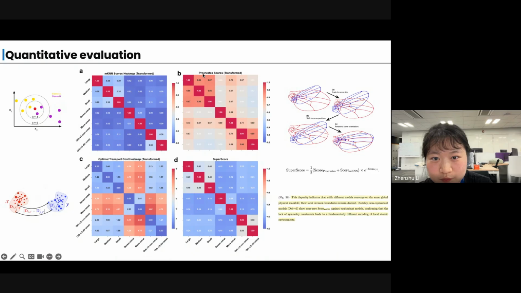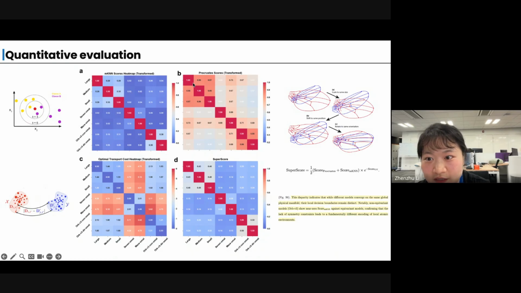For this, the Procrustes scores are used to measure the global topological distribution, like the different clouds I have shown before. They can be used to evaluate how similar the clouds are.